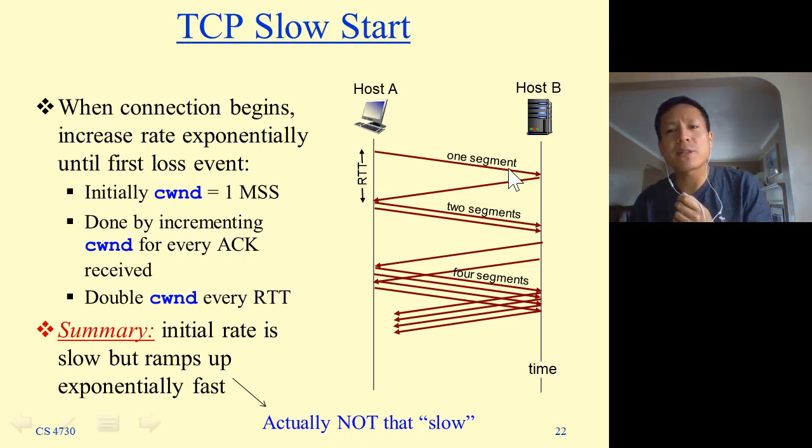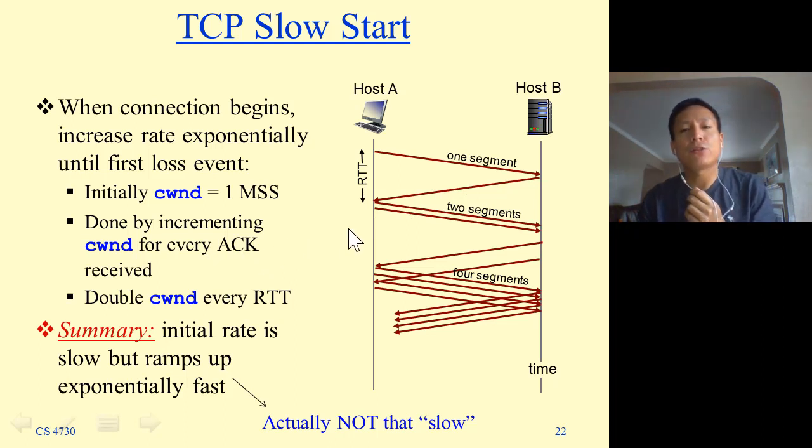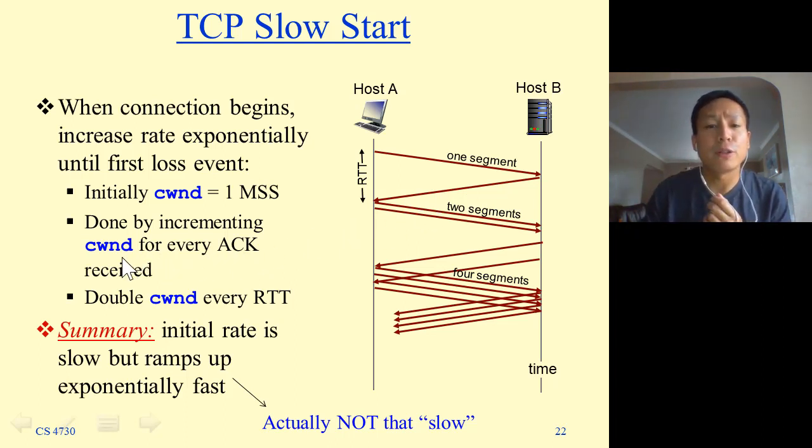So what's next? Once you receive this one, then for every successful acknowledgement you receive, you increase your congestion window by 1. When you receive 1, then you go to 2. You receive 1, so you increase to 3. You receive 1 acknowledgement, you increase to 4.